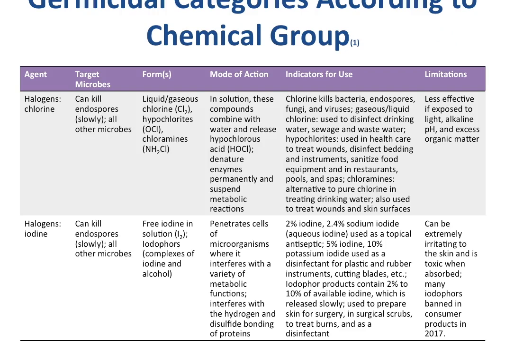This table shows the germicides and which microorganisms they can work on. For example, chlorine can kill the endospore, so it can kill all the microorganisms.